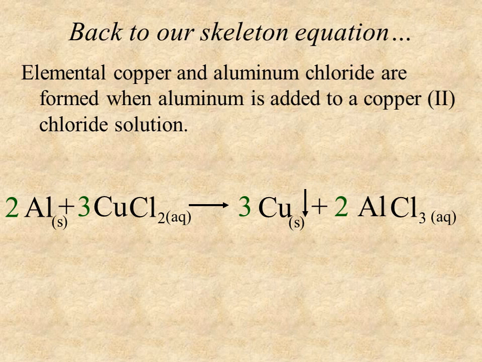And in front of the aluminum, we would need a 2. And now if we double check our inventory, 2 aluminums on the left, 2 on the right. 3 coppers on the left side of the equation, 3 coppers on the right side of the equation. 3 times 2, 6 chlorines on the left, and 2 times 3 is 6 chlorines on the right. Every element is balanced, and we now have our balanced equation.